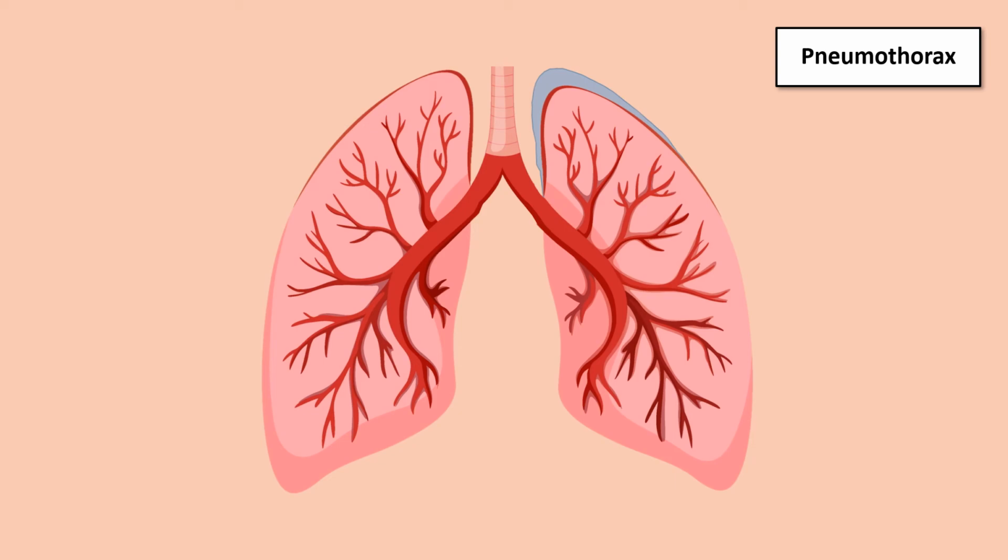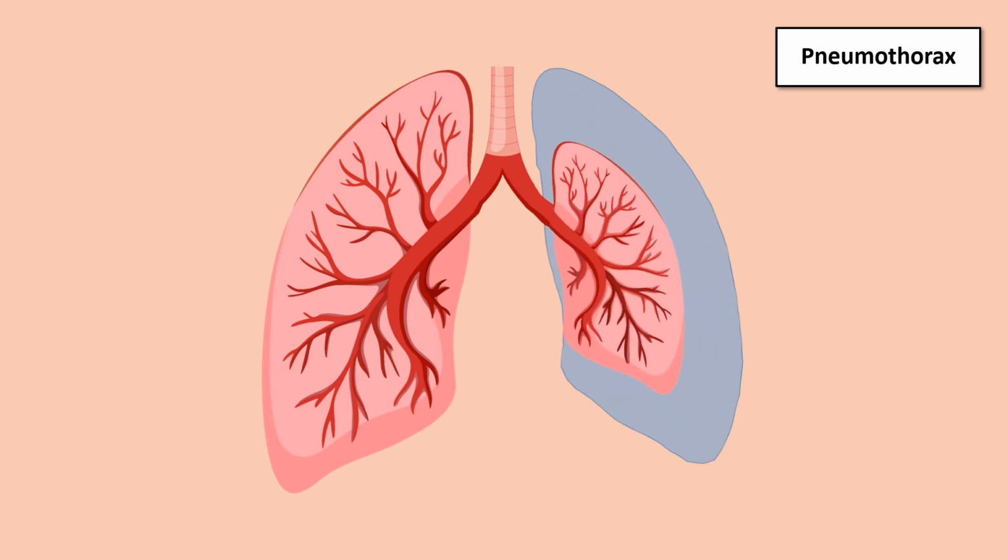If I hook you up to a machine that forcefully blows air into your lungs, some of that air is probably going to find its way to your lung and out through that little hole. And if you're not careful, you might be filling that hole with air instead of the lung. So you could, with positive pressure, create a small pneumothorax that turns into a very big pneumothorax. And now we have a problem.